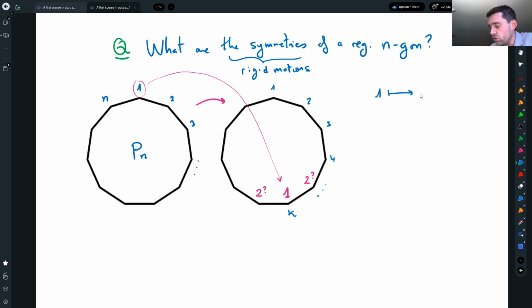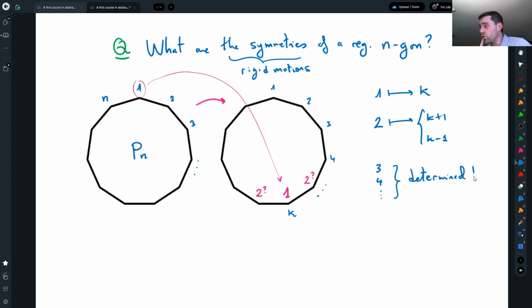One is being sent to the kth position, and then 2 has to go to either k plus 1 or k minus 1. And then these conditions determine everything. The rest, where 3 goes, where 4 goes, etc., are determined by those two conditions.